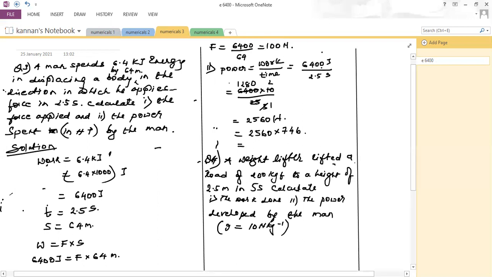So whatever it is, children, you will be getting it when you multiply and see how much you get. 2560 and 746.